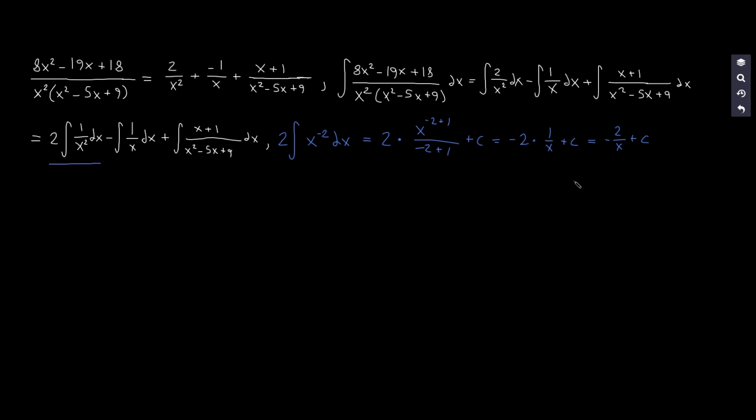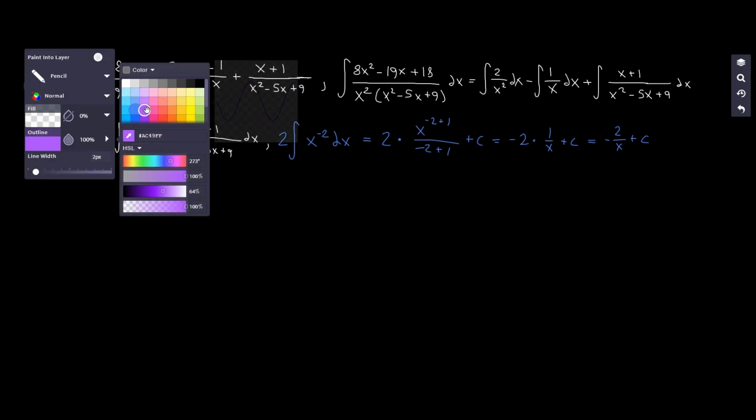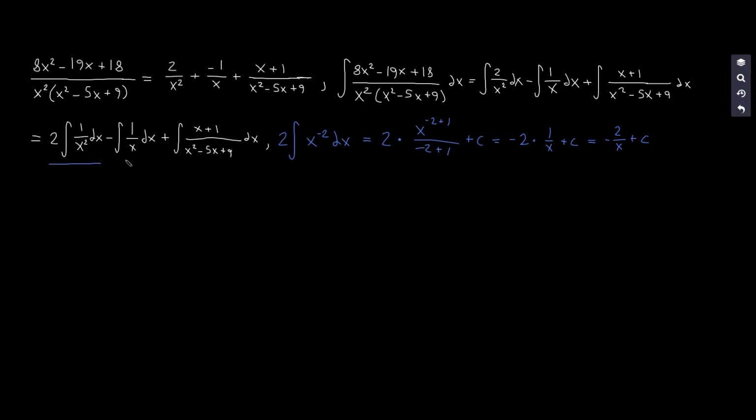All right. The second one, that's just going to be a natural log, right? Because it would seem that negative 1 times the indefinite integral of 1 over x integration with respect to x is going to equal the negative natural logarithm of x plus c.